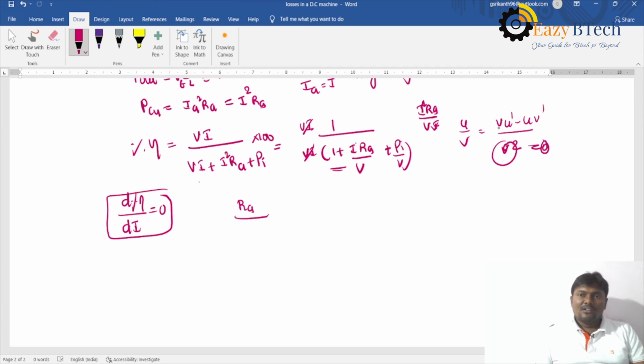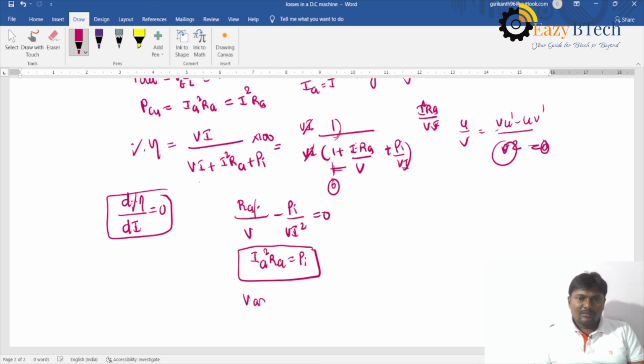The derivative of 1 is 0, so this gives Ra by V minus Pi by V I square equal to 0. Finally I got Ia square Ra is equal to iron losses.